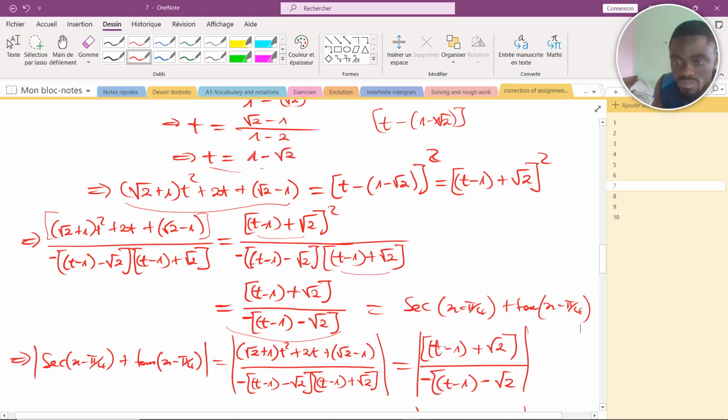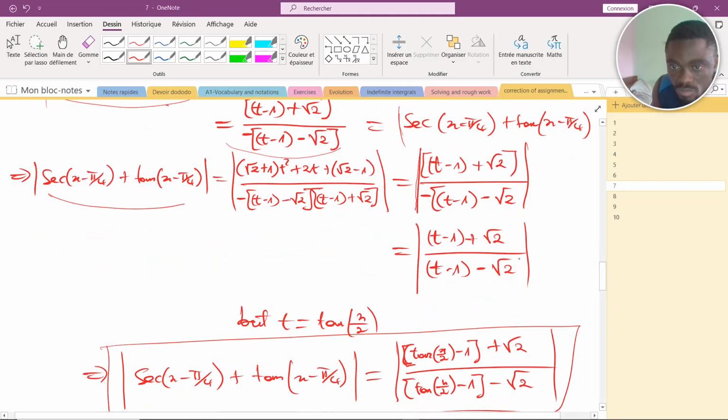The absolute value of this will be equal to the absolute value of this, which is the same thing as the absolute value of this. But this one simplifies to this. Don't forget, there is a minus outside here.